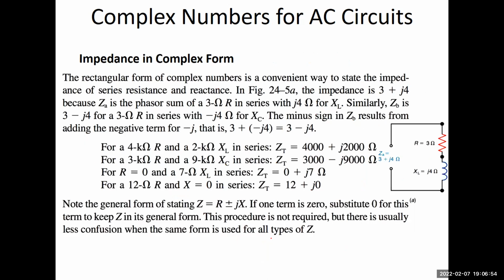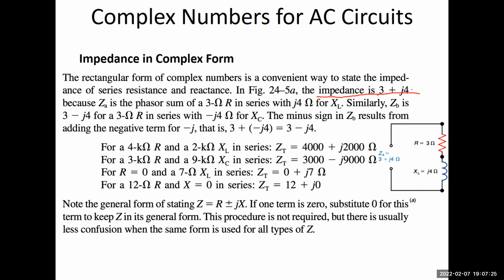Okay. Now, impedance in complex form. The rectangular form of complex numbers is a convenient way to state the impedance of a series resistance and reactance. So the impedance Z is 3 plus J4, because Z is the phasor sum of 3 ohms of R in series with J4 ohms of XL.